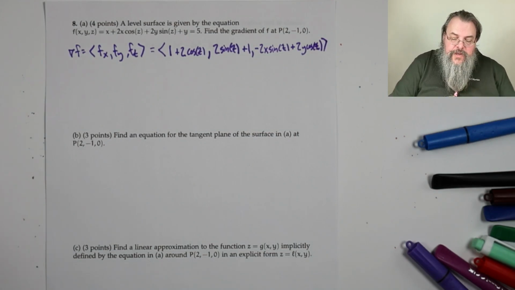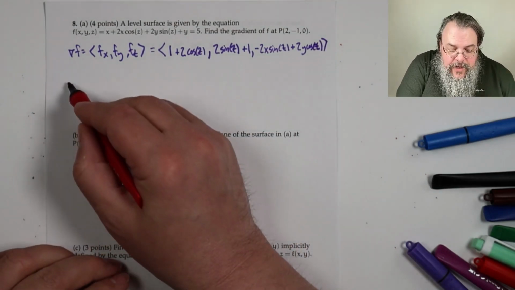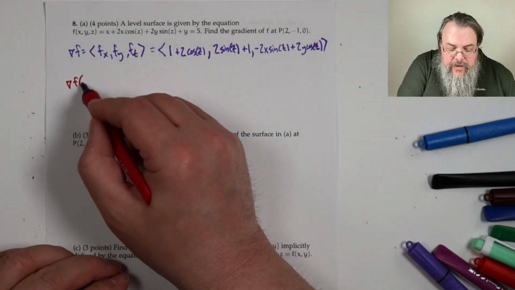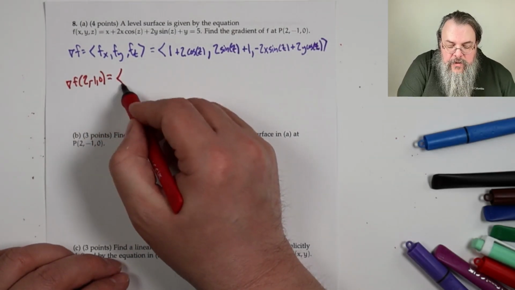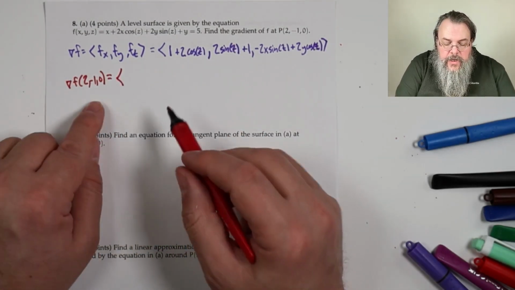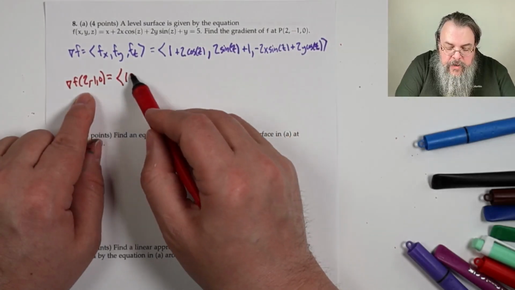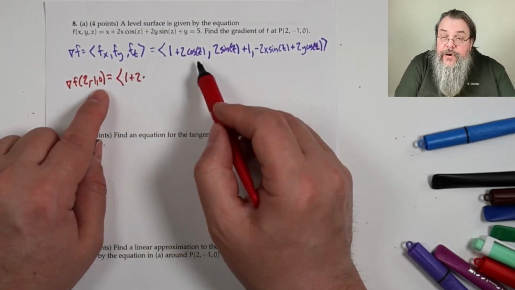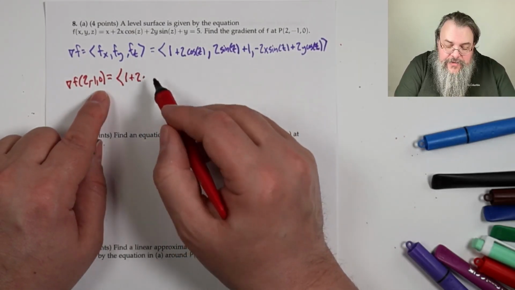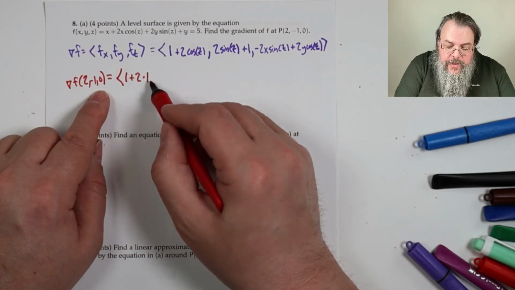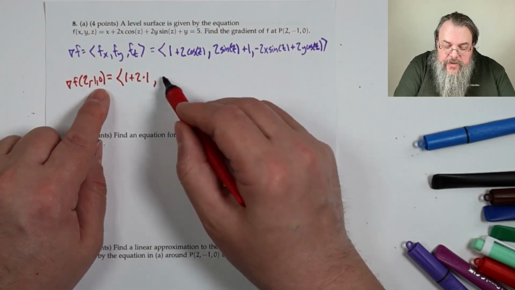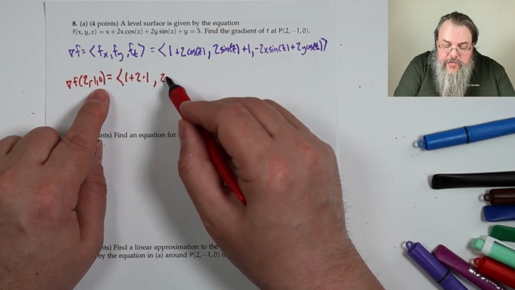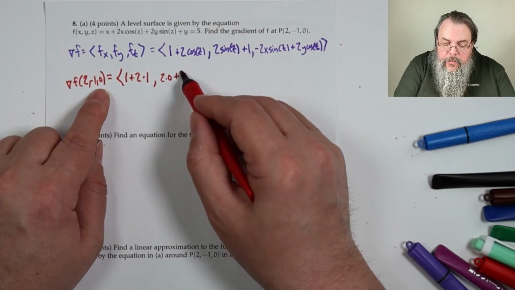So we say, okay, the gradient of f at (2, -1, 0) is, well, we're going to get 1 plus 2 times cos 0. Cos 0 is 1, comma. 2 times sin 0, which is 2 times 0, plus 1, comma.